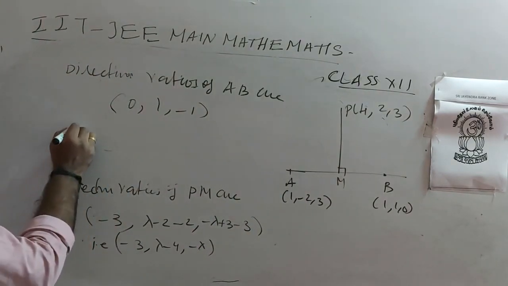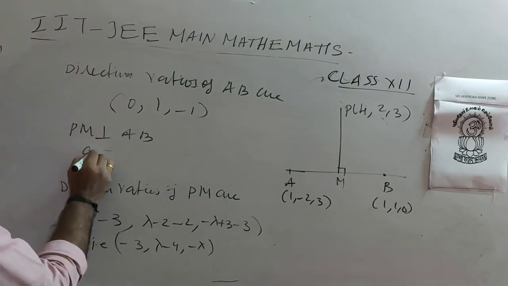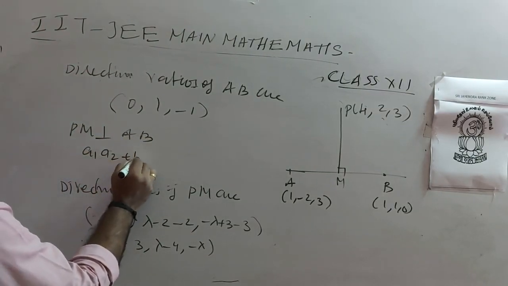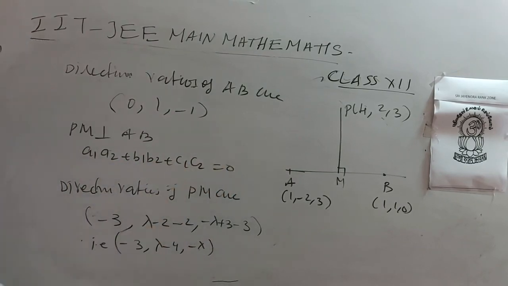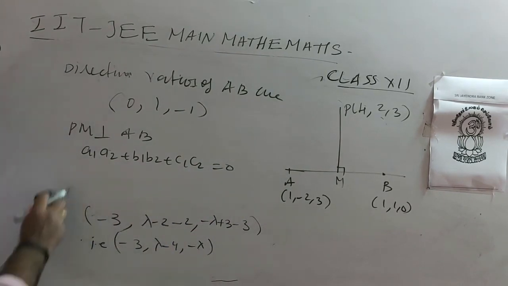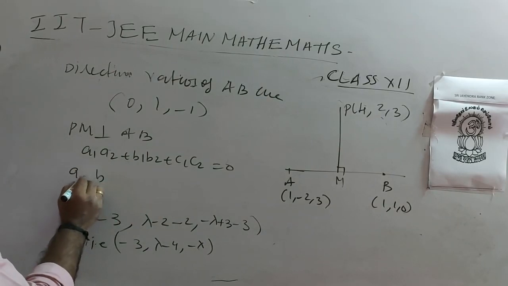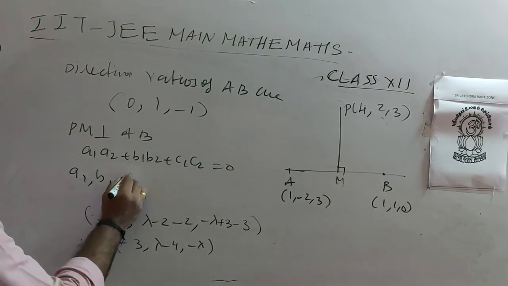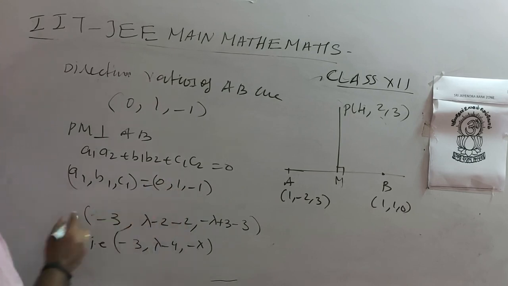Since PM is perpendicular to AB, A1 A2 plus B1 B2 plus C1 C2 equals 0. Zero, 1, minus 1.